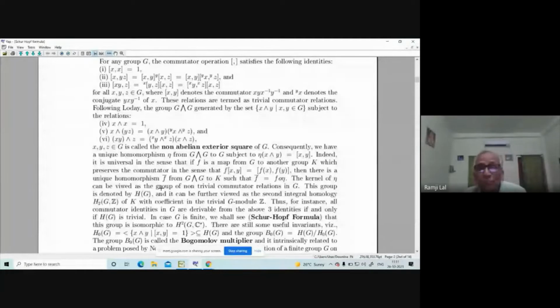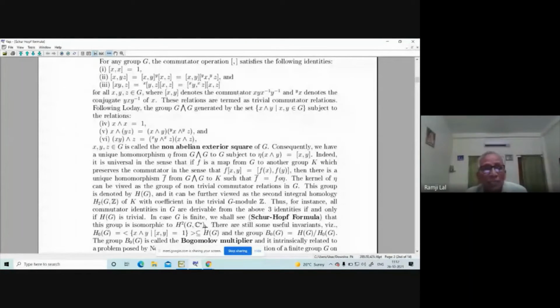This group is denoted by HG, and it can be further viewed as the second integral homology of G, with coefficients in the trivial G-module Z.